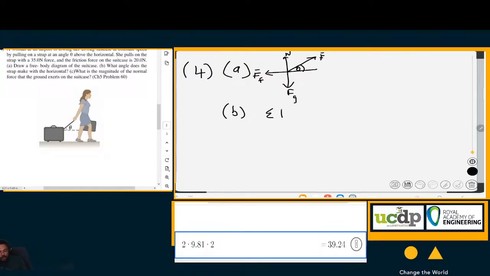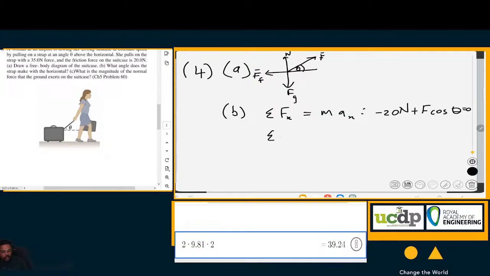You know that the sum of the forces in the x direction should be equal to the mass times the acceleration in the x direction, and that is equal to the friction force, which is negative 20 newtons, plus the horizontal component of the force being applied, which is F times the cosine of theta. And that should all be equal to 0, because it's not accelerating.